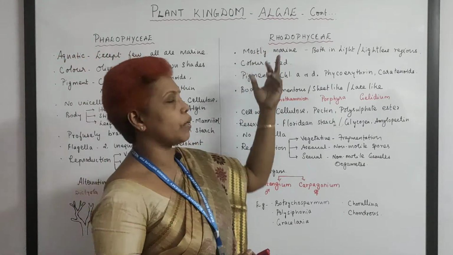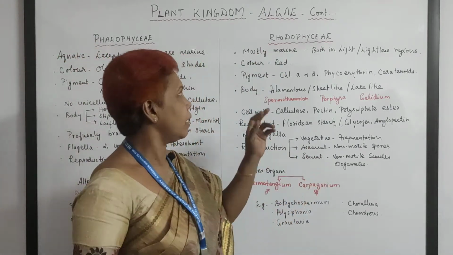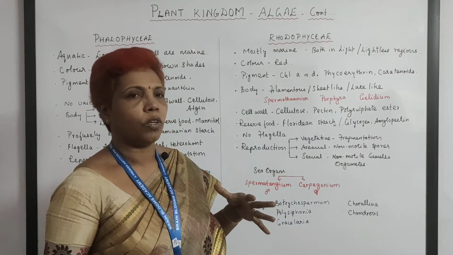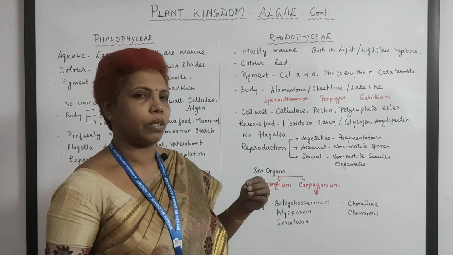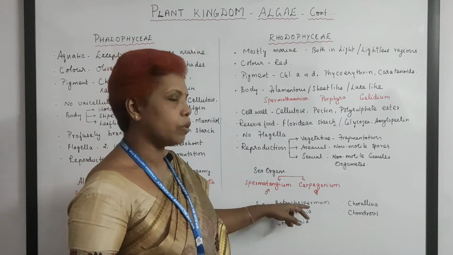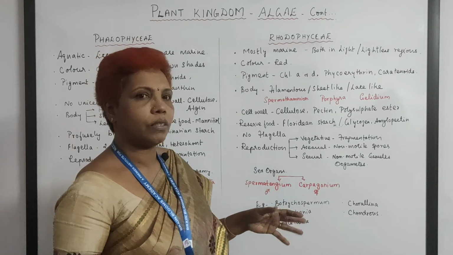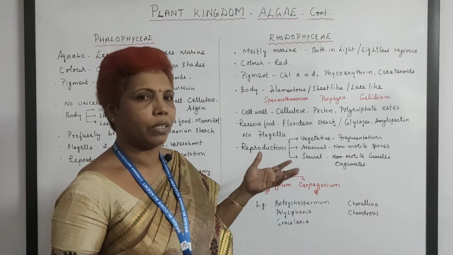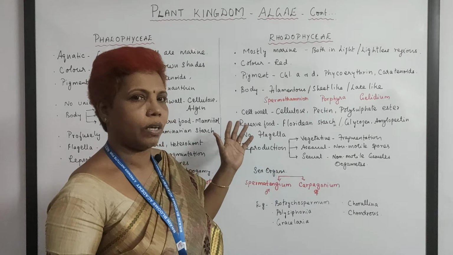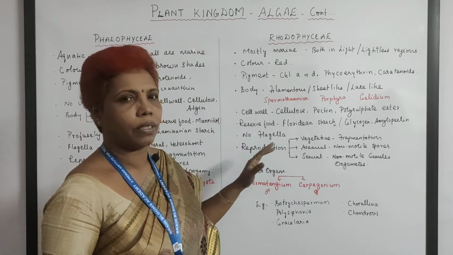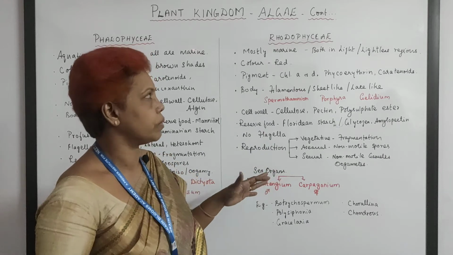rhodophyce, RR, you can remember it is red algae, mostly marine, except for a few, especially Batrachospermum, which is a freshwater form, and there is no unicellular form. We needn't worry about it, because if at all there had been, it would have been in Protista, but here there are no unicellular forms.